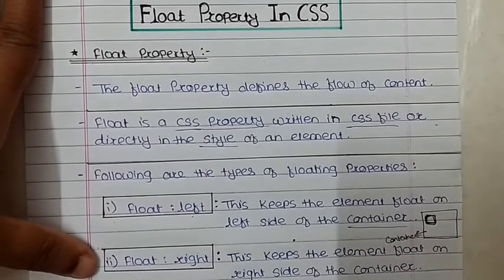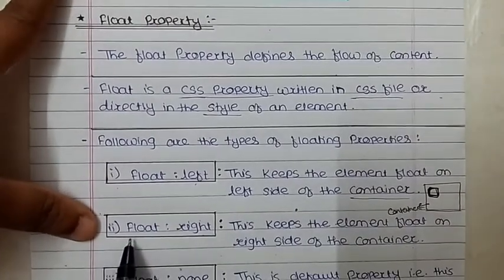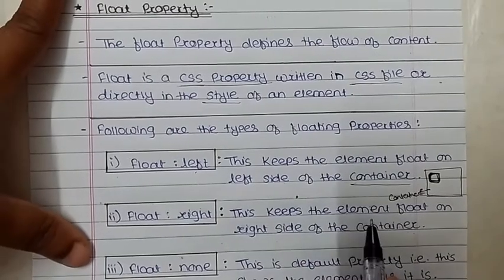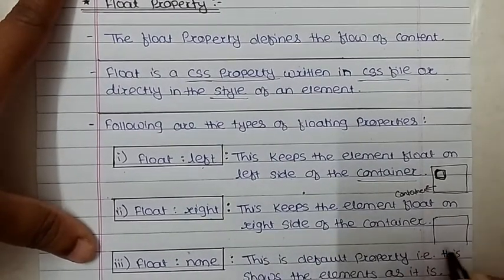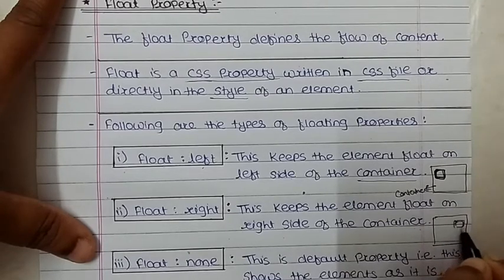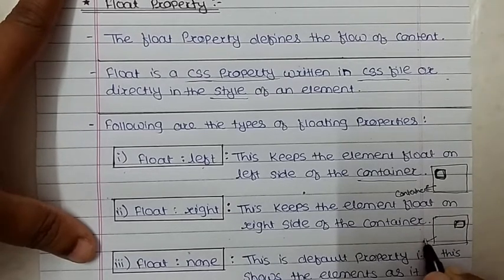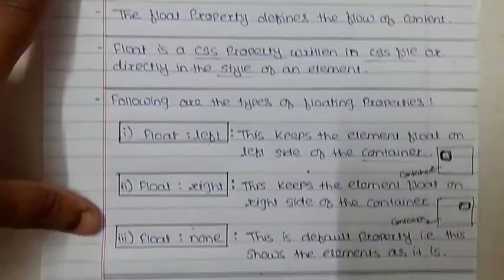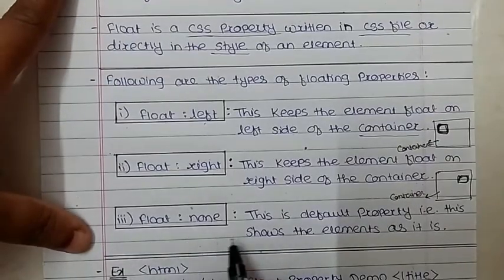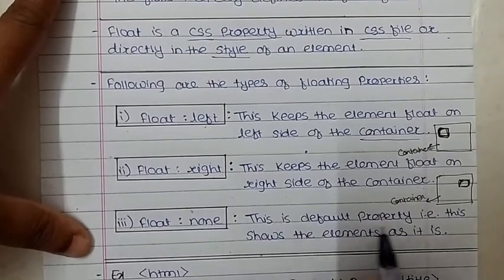Similarly float right, this keeps the element floating on the right side of the container. This is your container and from the right side your elements are fixed. And then float none, this is the default property, that is, this shows the element as it is.